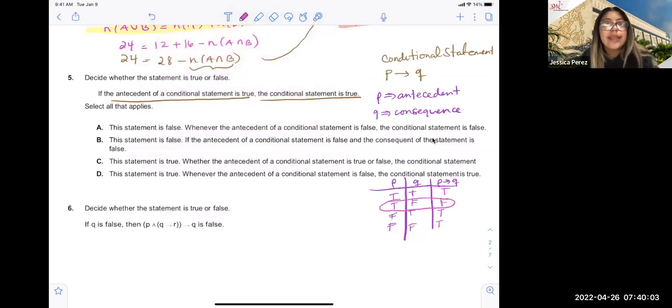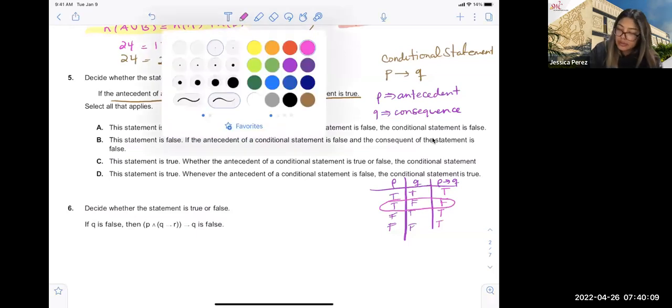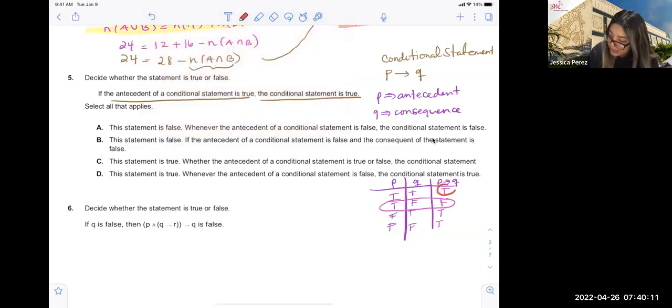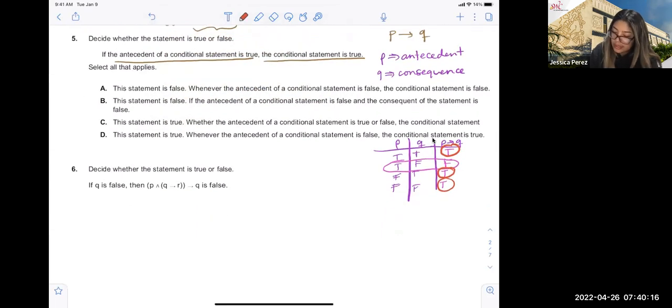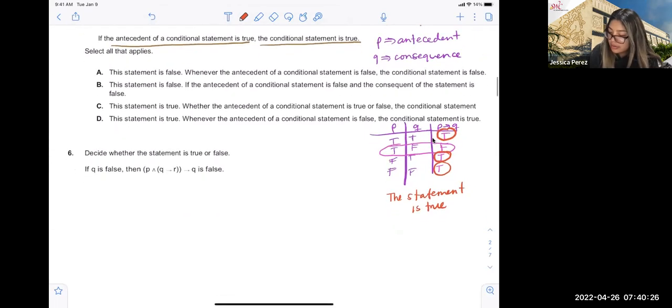And they're saying that the antecedent is true, and the conditional statement is true. So you're looking at the results that give you that. So then you would have to say the statement is true when the conditional statement is true.